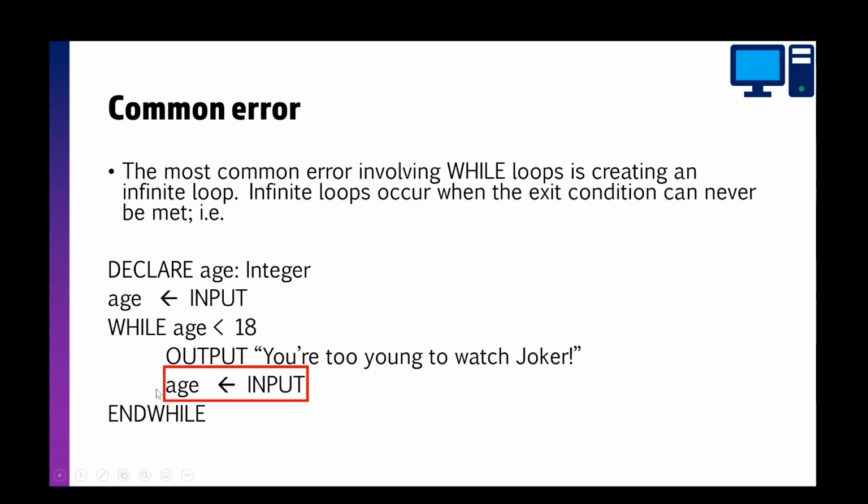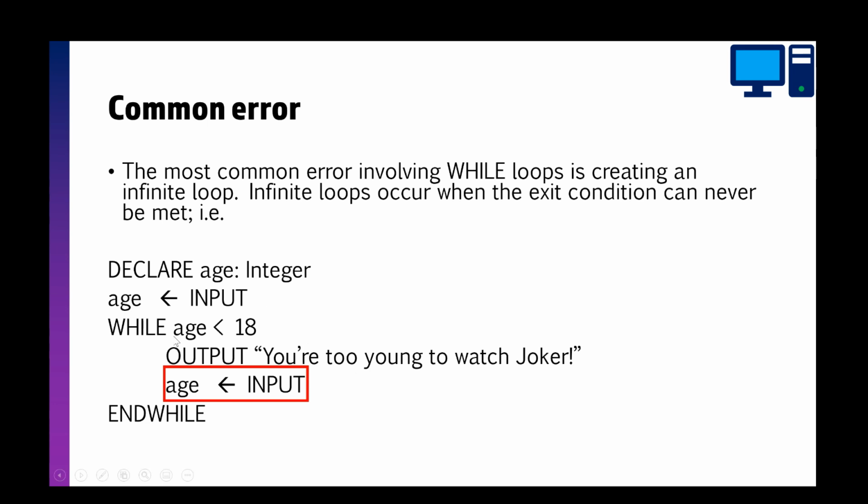What I could have done is move this age input inside the loop. But quite often people don't put this part in, and they'll just put the output, and what would actually happen is your screen would just get spammed with you're too young to watch Joker constantly on loop forever, and you wouldn't be able to get out of that loop unless you close the program.